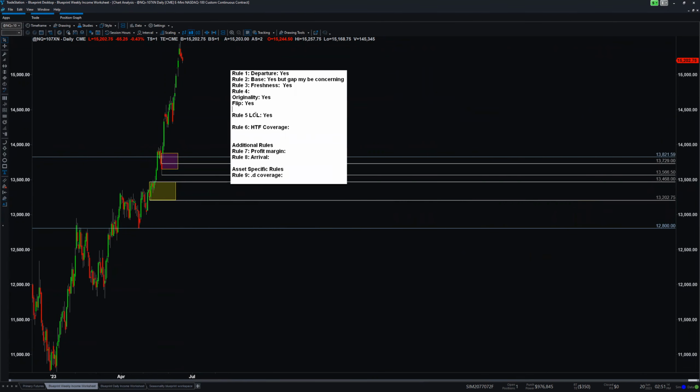So lower level, yes. Additional rules, profit margin. I mean, just eyeballing how far has price traveled away from the zone, measured from proximal to distal. We have a 1 to 1, 1 to 2, 1 to 3, 1 to 4, 1 to 5, 1 to 6, 1 to 7. So yes, it's bigger than 1 to 3.